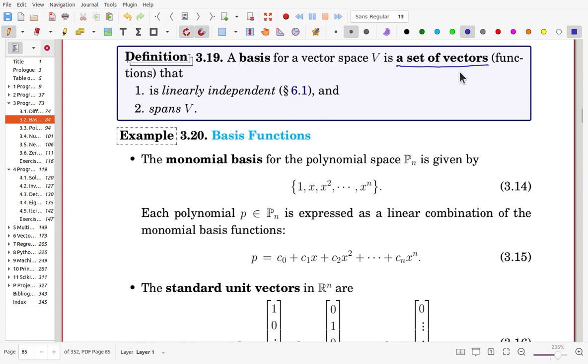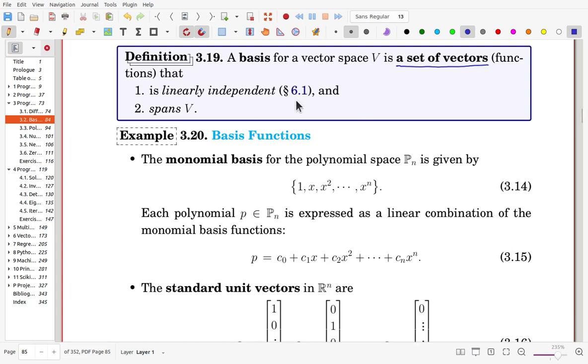Once a set of vectors or functions has such a property, we say that set is linearly independent. And to span the original vector space means that every vector or function in the space can be expressed as a linear combination of these basis functions.